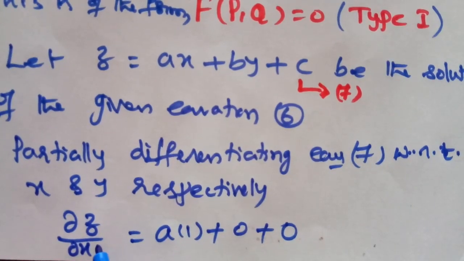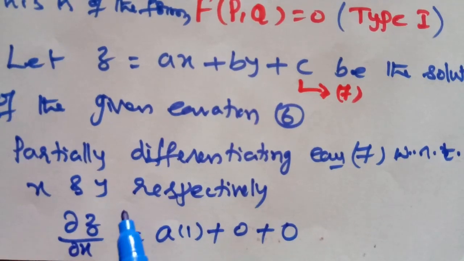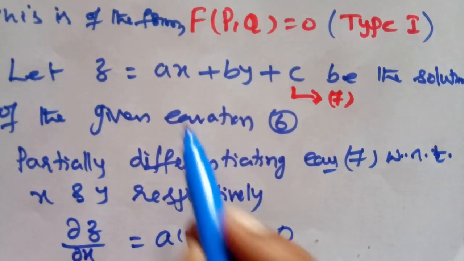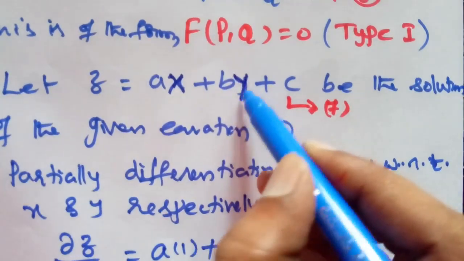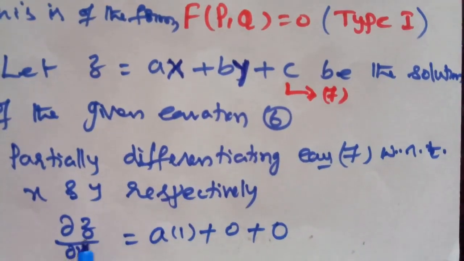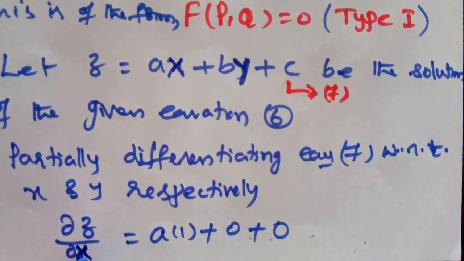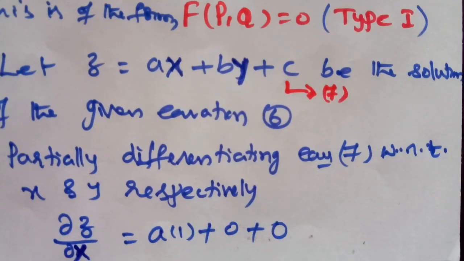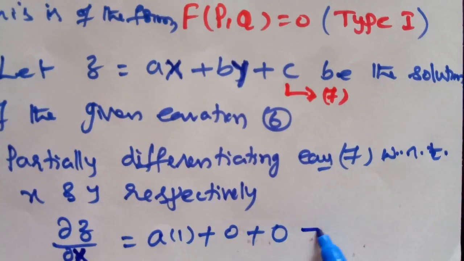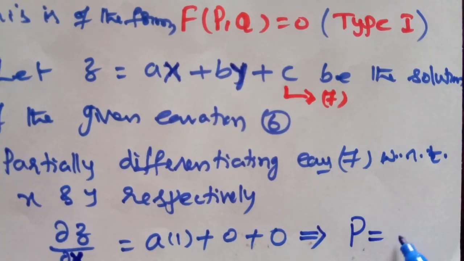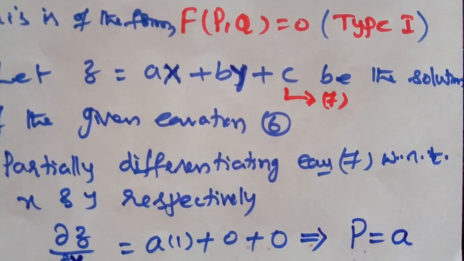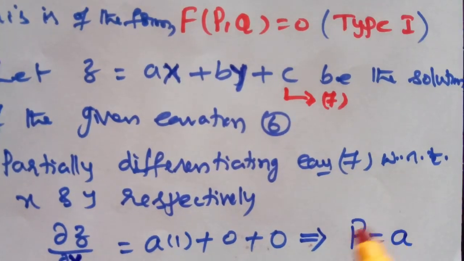Here we are using capital X, so you can write capital X and capital Y. So dou z by dou capital X, that is a. That implies capital P is equal to a.